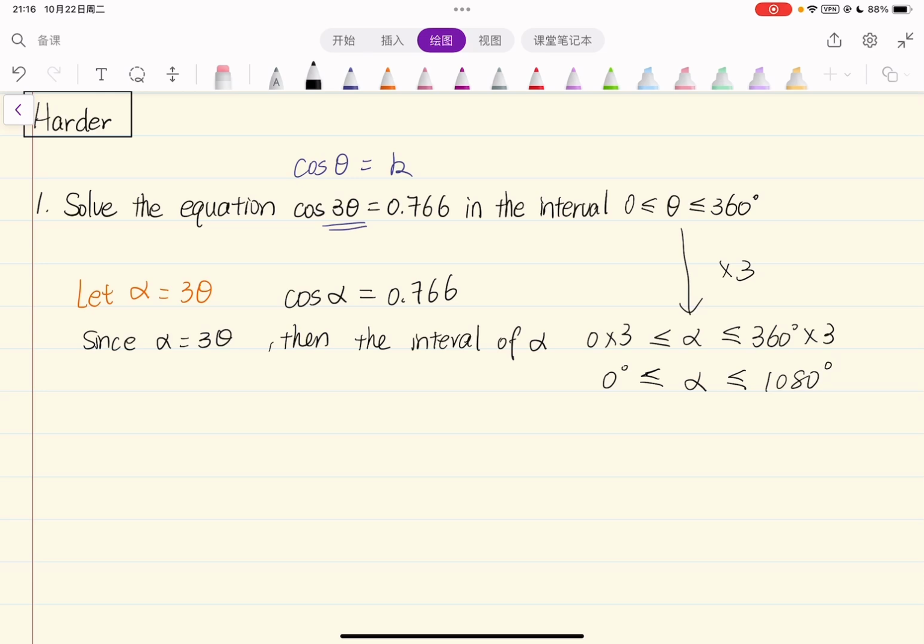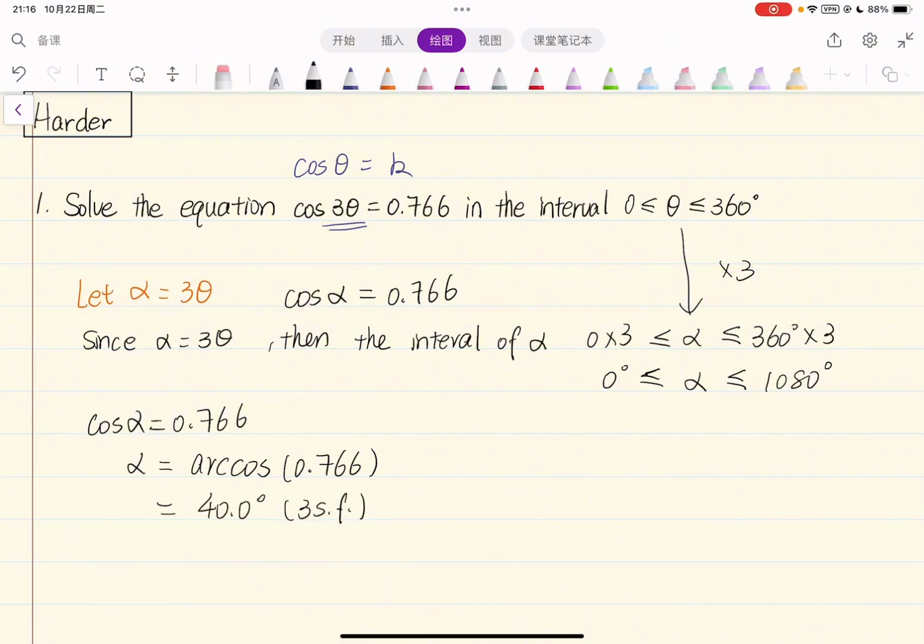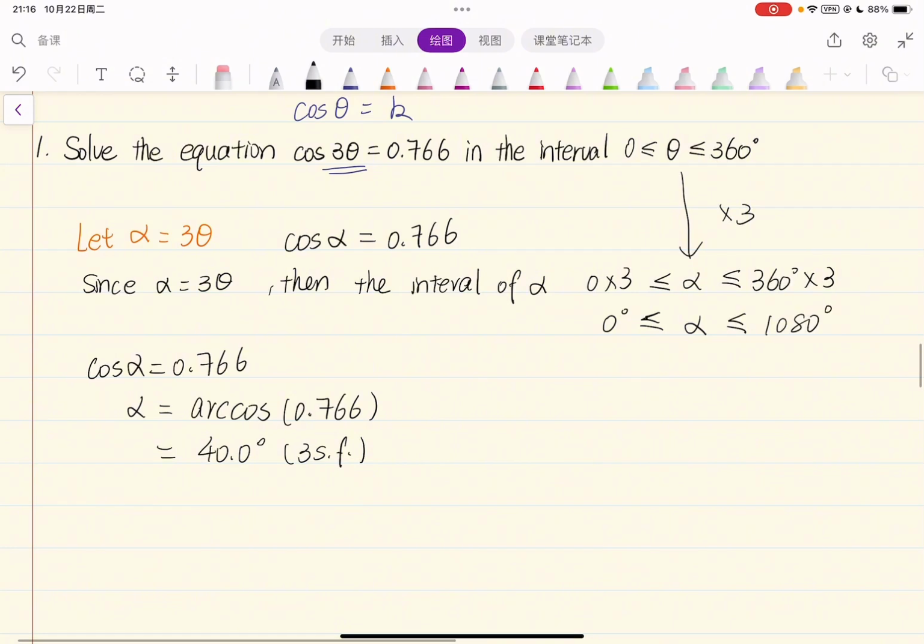Now we start to solve cosine alpha equals 0.766. Use a calculator. You will do arc cosine 0.766. That should be equal to 40.0 degrees to 3 significant figures. Then we can use the CAST diagram to find other values.